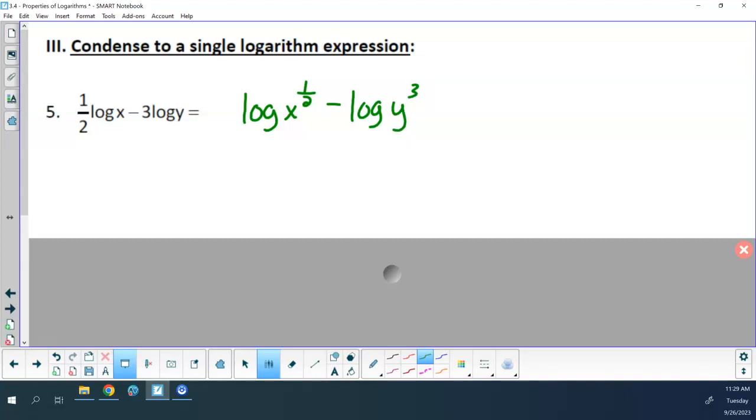Now, because it's subtraction, that means it's dividing. So this would be log of the square root of x over y cubed. You could do x to the half, yes, but it also is the square root.